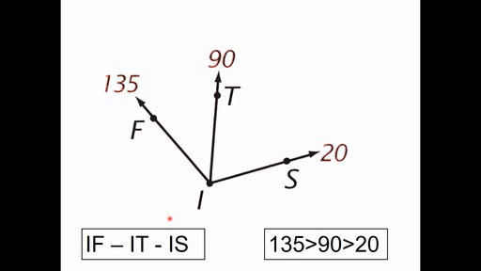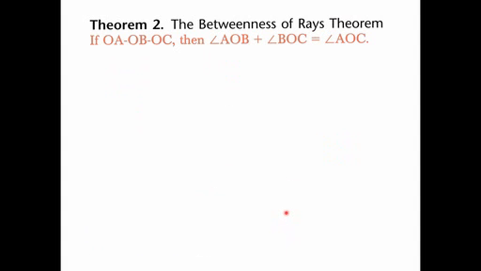If we were to put the IS on this side and the IF over here, then we would need to change this and say because 20 is less than 90, which is less than 135. That gets us then to our second theorem this year, Betweenness of Rays Theorem. Again, hopefully you can see how similar it is to the betweenness of points.